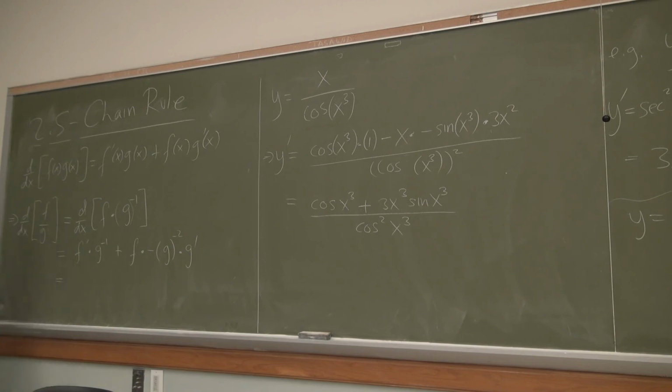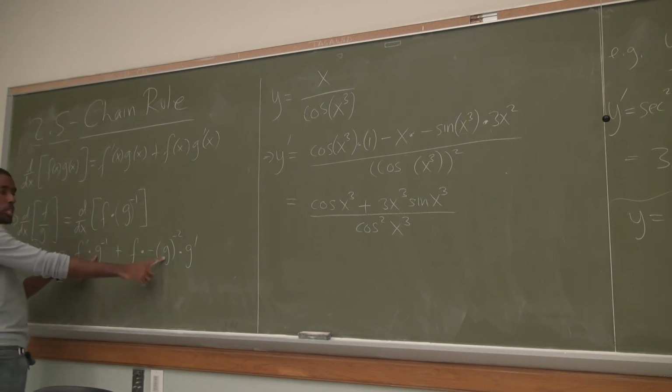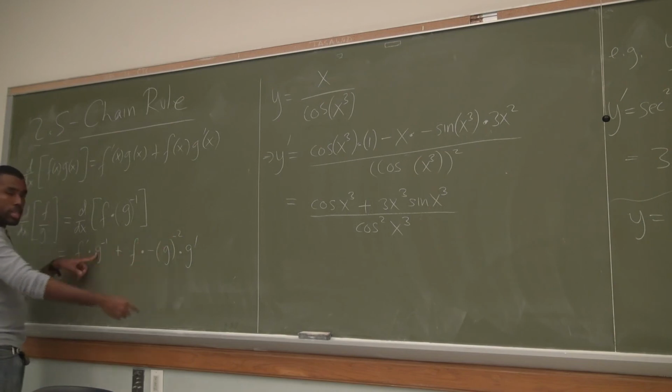So now you can factor out, what do you factor out? There are 2 powers of g: the negative 1 power and the negative 2 power. Who gets to come out? Negative 2. You always take out the lowest power, right?